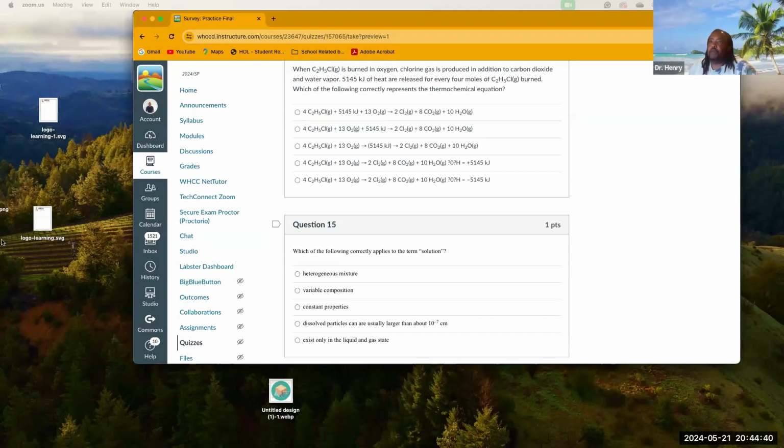So that means that we can get rid of this one. We can get rid of this one. And we can get rid of this one because that one is like as if it's an intermediate.